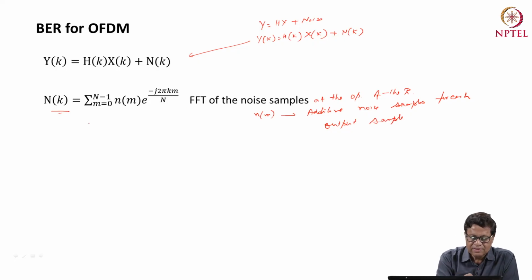And this Nk is the FFT of the noise sample. Remember, we have done the FFT operation in the receiver in OFDM.